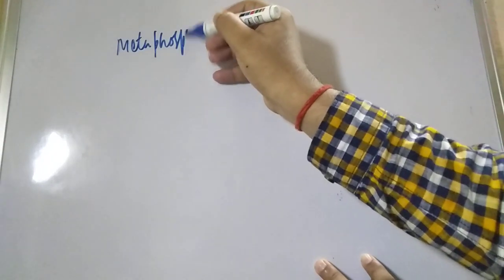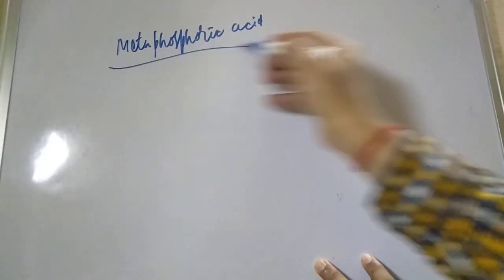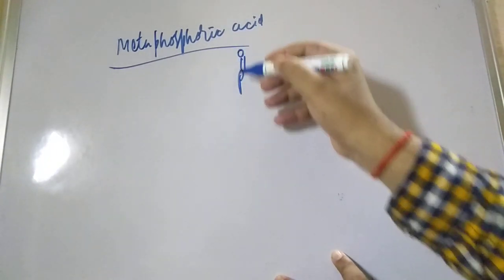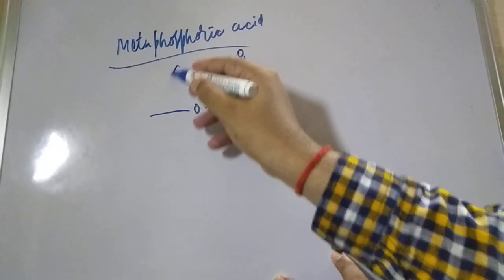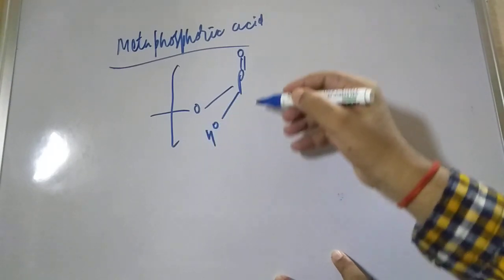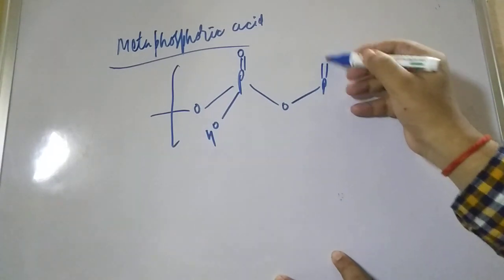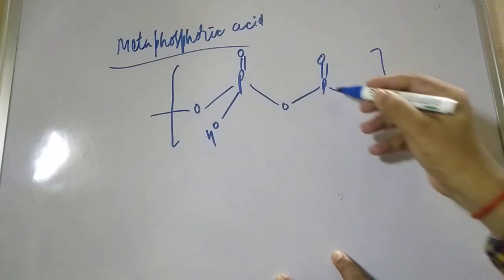Metaphosphoric acid you can understand with the help of a diagram. So P double bond O, here is O, removing the hydrogen, and here again OH is there. This is the O, here is P double bond O, and here is O, this is the outer, and here is OH.